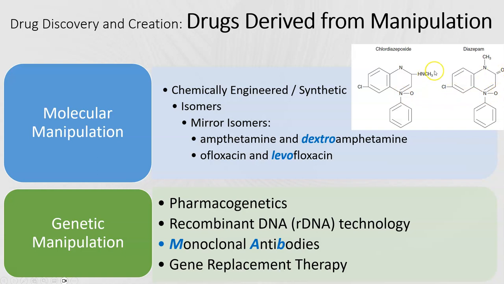But when we look over here, we've got this CH3 over here, and that's chlordiazepoxide. Now, this was the first benzodiazepine. Well, then they chemically changed it around, and they moved this group over to this nitrogen. So they moved it over here, and they added another oxygen. Now it's the drug diazepam.